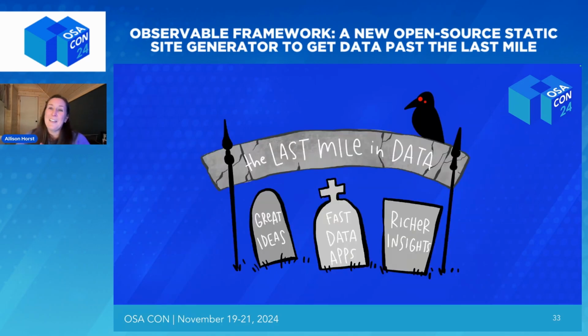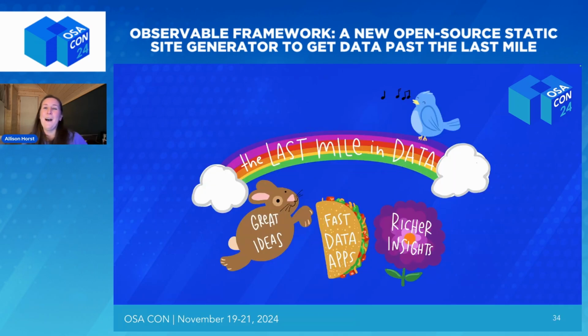So we think that getting data past the last mile shouldn't have to be that demoralizing experience where you have to sacrifice your great ideas for visualizations or abandon your dreams of super fast apps or abort your mission to give your users richer insights. With Framework's baked data architecture, you really can push slow stuff to build time where it goes unnoticed by viewers so that you can really joyfully get your data past the last mile.